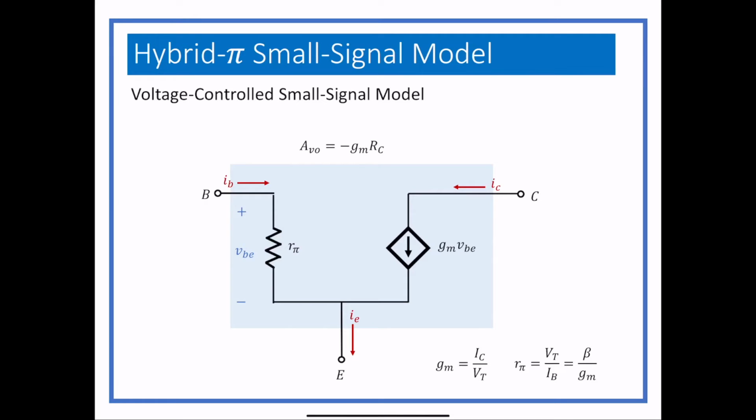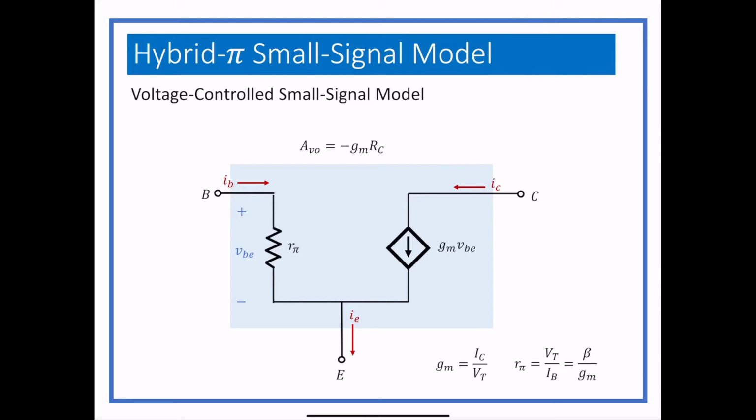So the models we have, this looks very much like the hybrid pi model that we had for MOSFETs. We're taking VBE and we have the resistance R pi that VBE is across, and then we have a current source that magnifies that voltage into a bigger current and we get the values out.